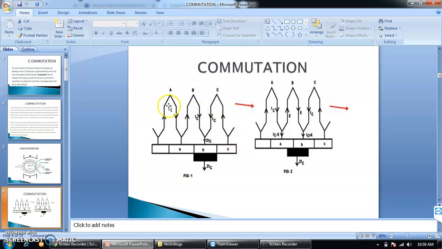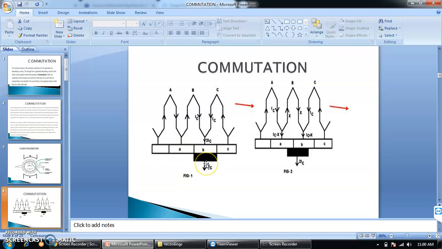This conductor is carrying current in the opposite direction with reference to this one. That means if it is carrying current in the inward direction, the next one will carry current in the outward direction. Similarly, the same case is here. For simplicity, we are considering that this is a carbon brush.